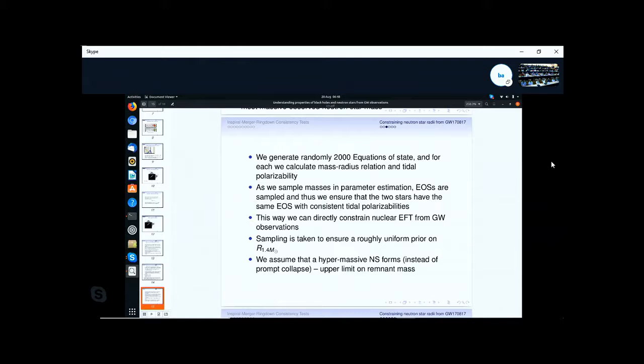So here you do ensure that the two stars have the same EOS and the lambdas are entirely consistent. And we sample in the space of EOS with a prior which eventually leads to a roughly uniform prior on the radius of the neutron star. And there's one more constraint that we put in. We assume that just after the merger, what you get is not prompt collapse, so you get a hypermassive neutron star at least for a short time.